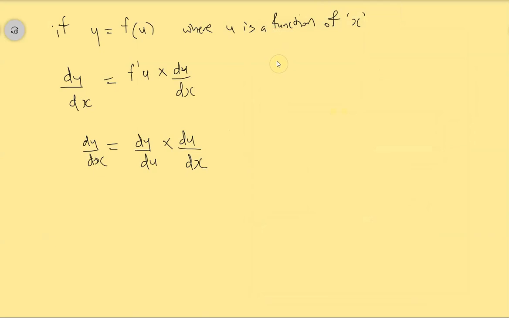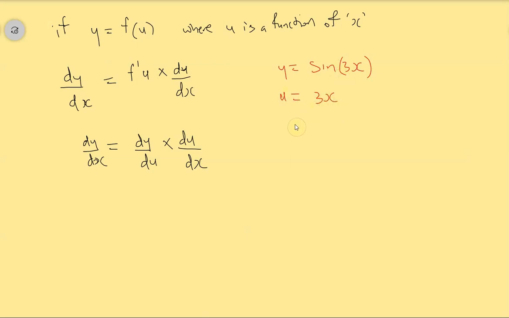So let's say we have y equal sine of 3x. Now if we followed from the previous question, we will let u equal 3x.